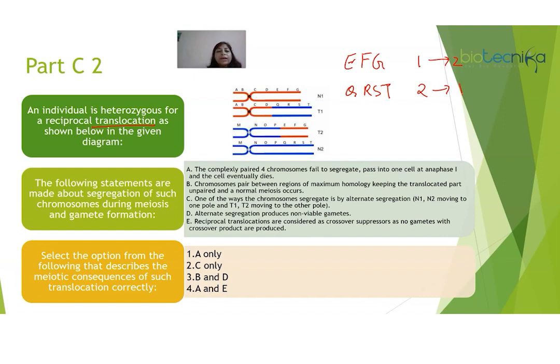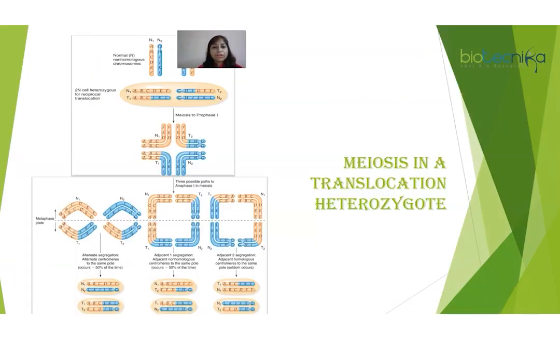Now the following statements are made about the segregation of each chromosome during meiosis and gamete formation. First, the complexly paired four chromosomes fail to segregate, pass into one cell at anaphase 1 and the cell eventually dies. To answer this, let's see what happens in the reciprocal translocation.